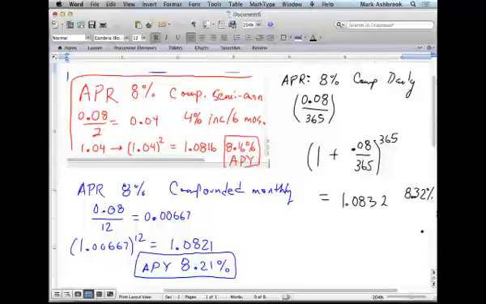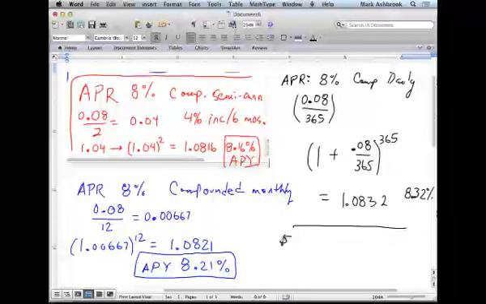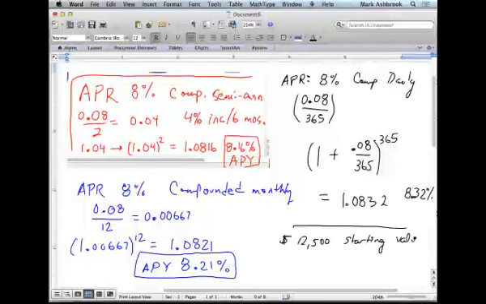Okay, so now I'm going to start off the year with $12,500. If it's 8% compounded daily, how much will I have at the end of the year?